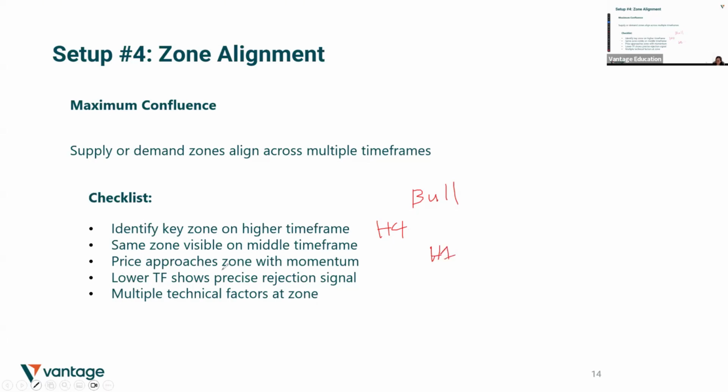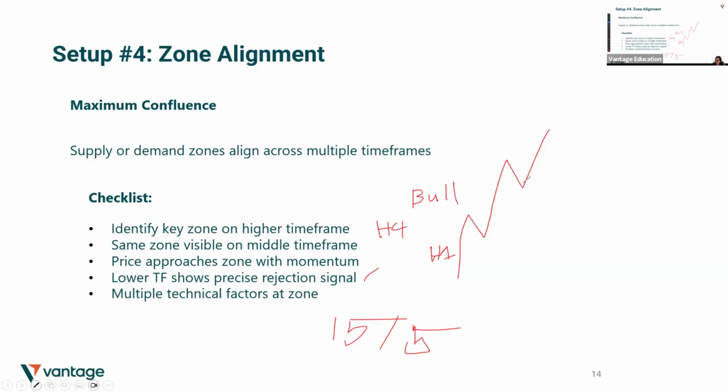Price approaches the zone with momentum. Lower time frame shows a precise rejection signal. So where is our entry? M15 or M5, right? Multiple technical factors at the zone, meaning that within this zone, price is rising, it's bullish, and you are waiting to buy.